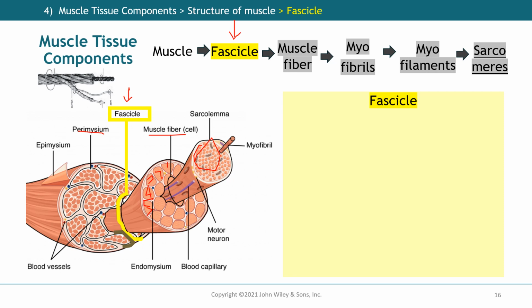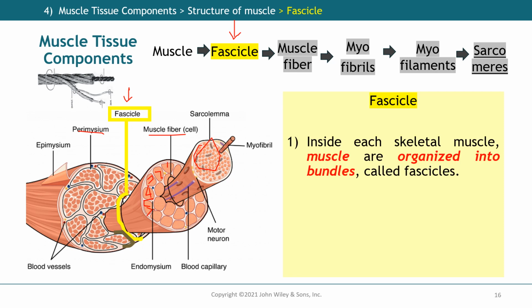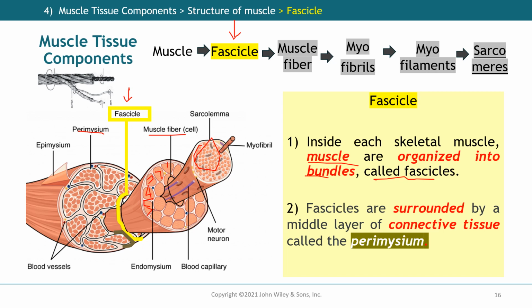So remember, inside of each skeletal muscle, the muscle is organized into bundles that are called fascicles. And I also told you that surrounding the fascicles, you have connective tissue, and this connective tissue is called perimysium.